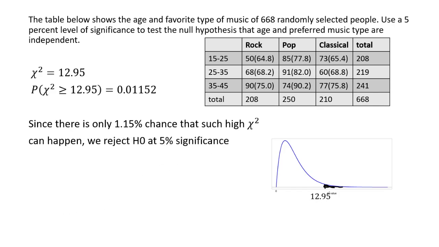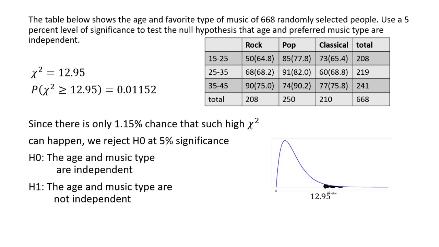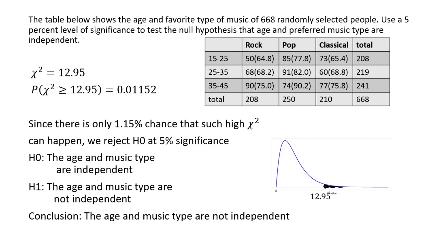But if you recall what the null hypothesis and the alternative hypothesis were, the null hypothesis was that they were independent, but here we now reject H0 and choose the alternative hypothesis and conclude that indeed the age and music type are not independent. So different age groups have different music choices. That's the conclusion from this table.